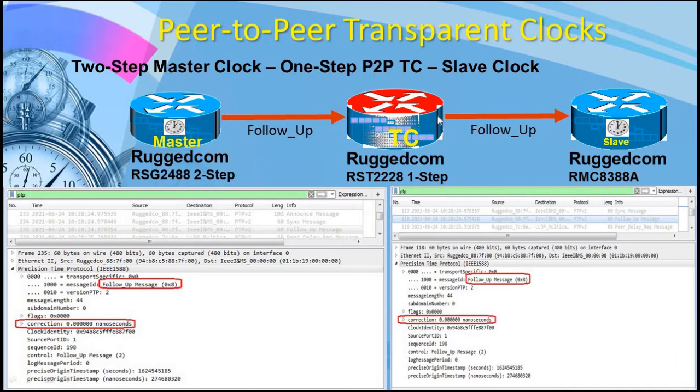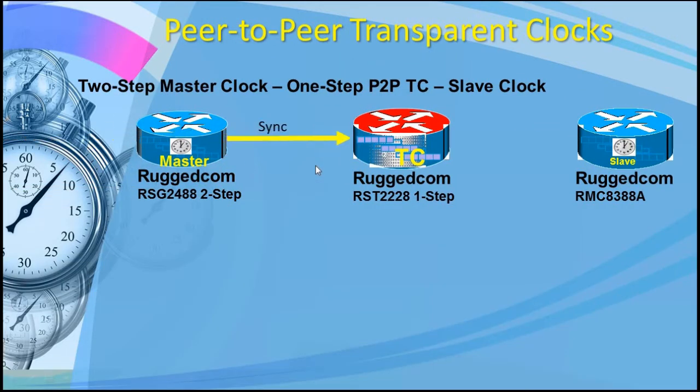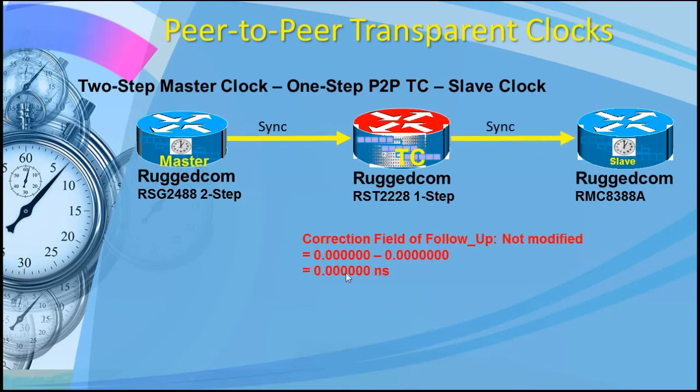After the egress port sends out the follow-up message, we capture again and see the correction field is 0, which means for the follow-up message nothing changed in the correction field.